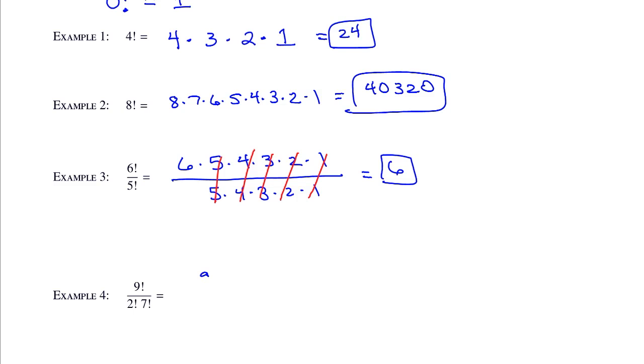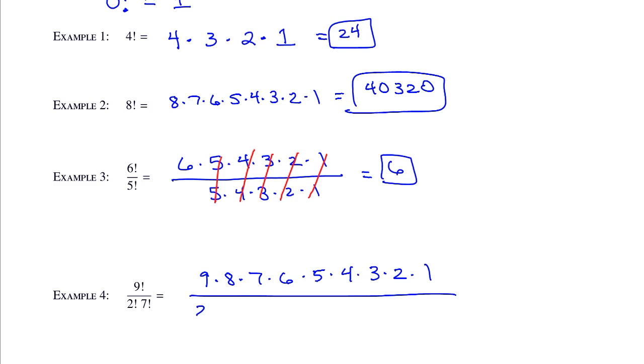So we have 9 times 8, 7, 6, 5, 4, 3, 2, 1, over 2 times 1 times 7 times 6 times 5 times 4 times 3 times 2 times 1. These cancel with these. And let's do this one here. The 2 and the 8 cancel and give me a 4. So this is really 9 times 4, which is 36.